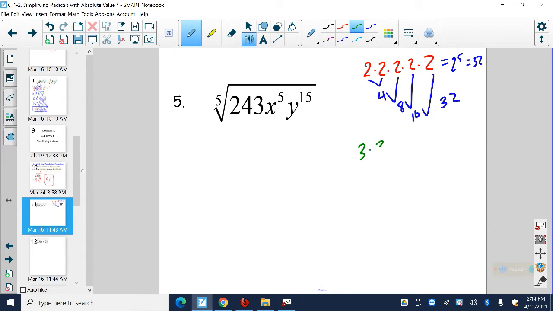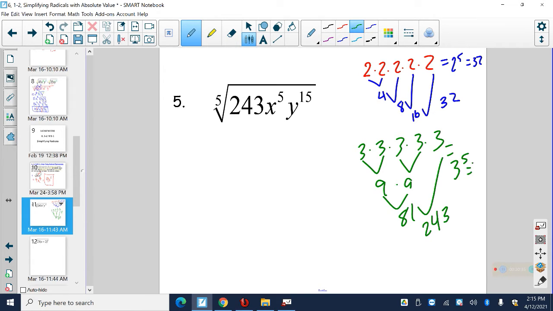Okay, so let's do 3. 3 times 3 is 9 times 9 is 81 times 3 is, well, 3 times 1 is 3, 3 times 8 is 24, so 243. So 3 to the 5th is 243. Is that what I was looking for? Yes. Do we see that? Now your calculator will do that for you too. Yes? So this comes out as a 3.